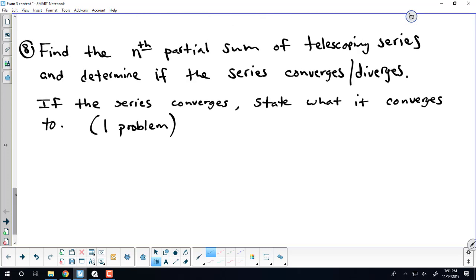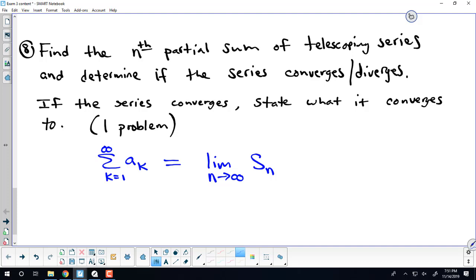And the idea is something that you should be familiar with, not just for the telescoping series: if we can express the nth partial sum, then the limit at infinity on the nth partial sum is the actual sum of that series.